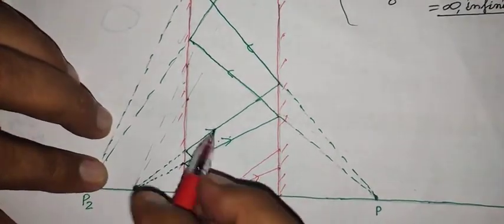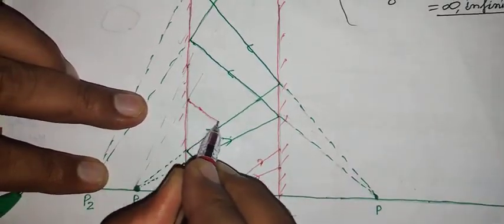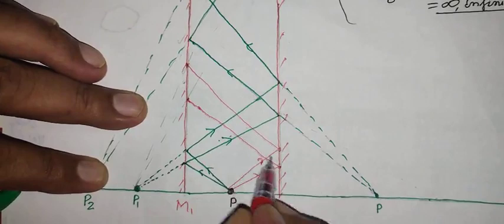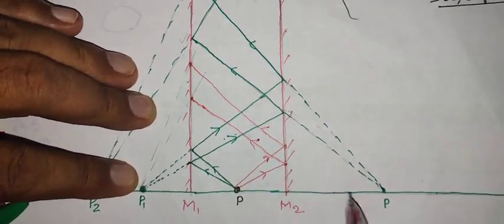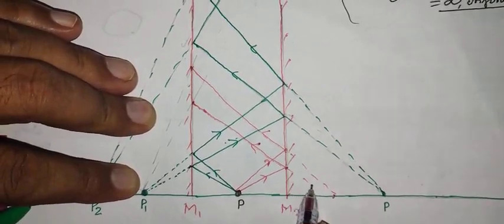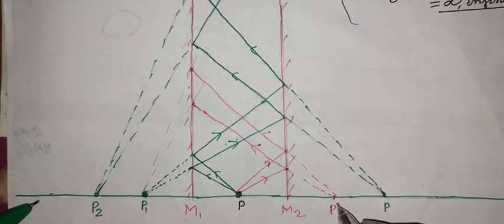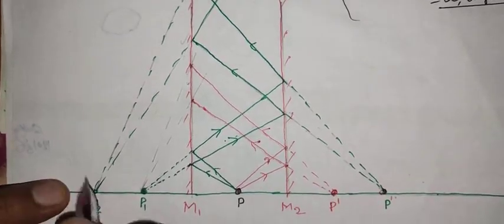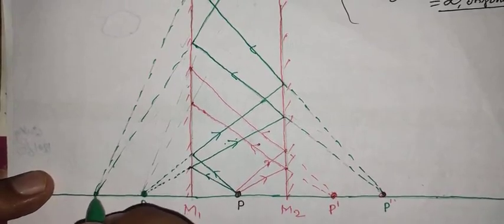Here, as a multiple reflection, this ray is reflected in this direction, right? When we proceed it back, this P dash is formed, P double dash is the point image here, and on this side another is formed.